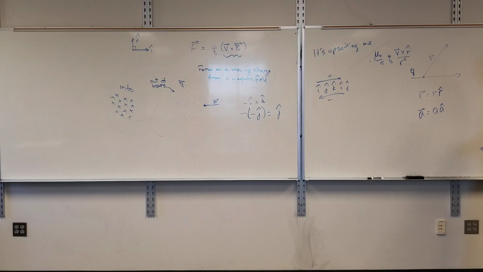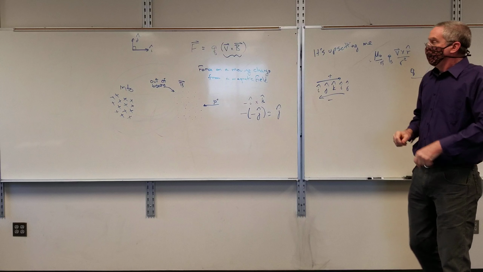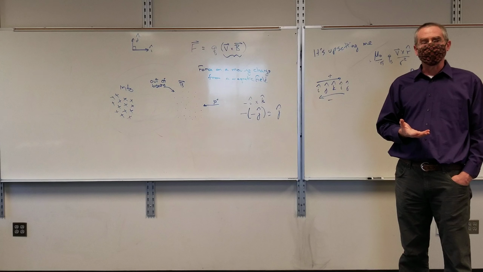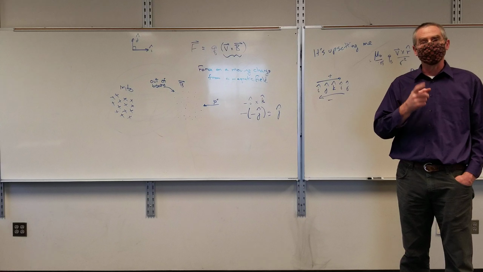All right, there's the right-hand rule. There are going to be many right-hand rules. When you're doing a cross product, the way you determine the direction conceptually is you put your hand in the direction of the first vector.